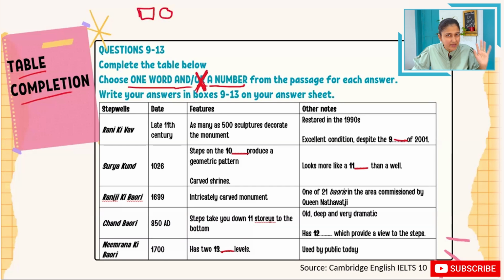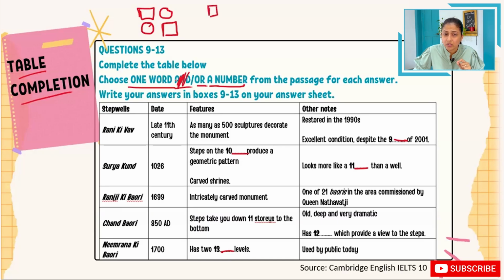My answer can be of 1 word and a number. Okay. Or maybe a number and a word. It's not necessary that the word will come always after the number, or the number will come after the word. Anything can come anywhere.